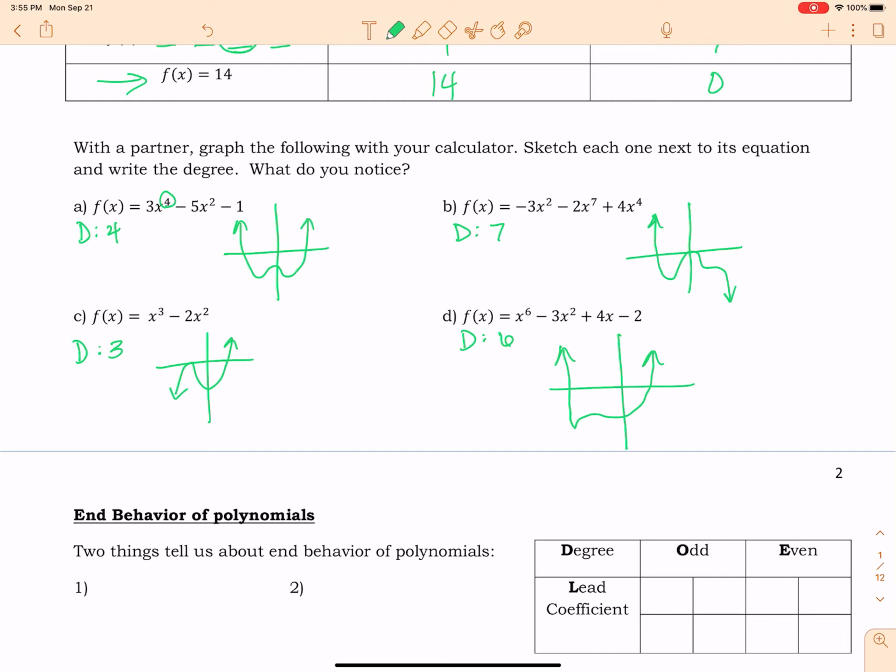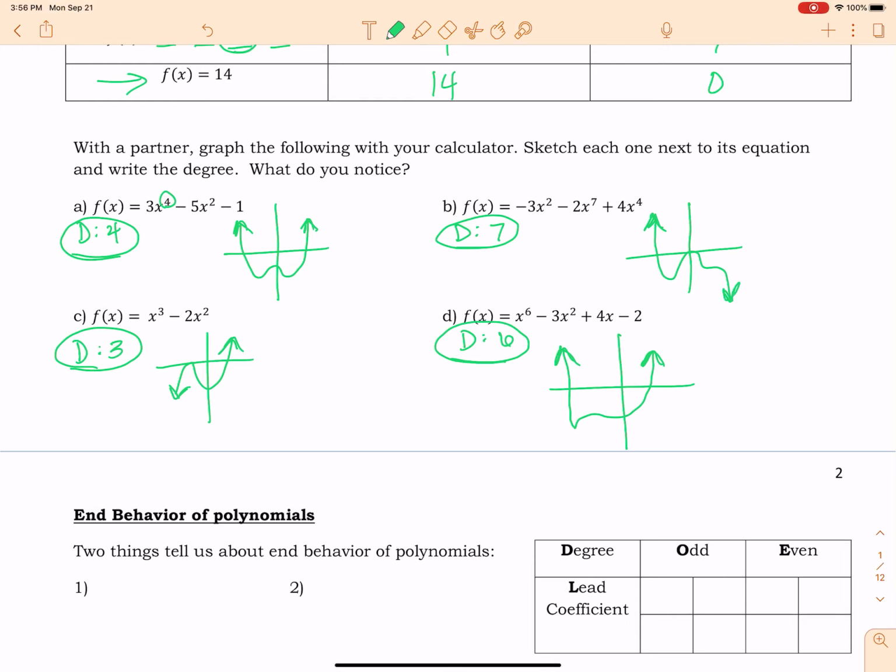Anyway, the point I want you to get here is I want you to notice some connections. So I want you to look at this degree of 4, and its end behavior. And then I want you to look at this one, its degree and its end behavior. And then look down here at this one, its degree and its end behavior. And look at this degree and its end behavior.